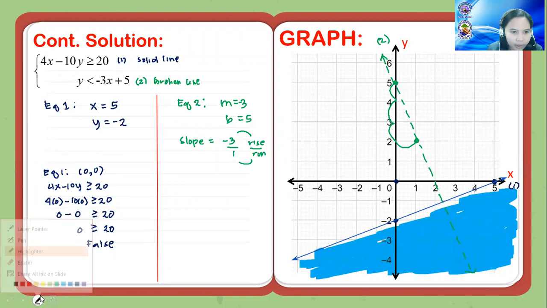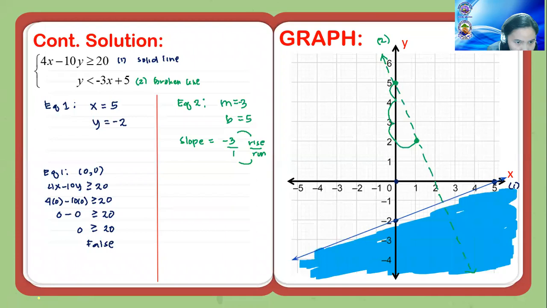Equation number 2 rather. So let's determine the shaded part for equation number 2. We will use a green pen. So we have equation number 2, with 0, 0. So we have y is less than negative 3x plus 5.